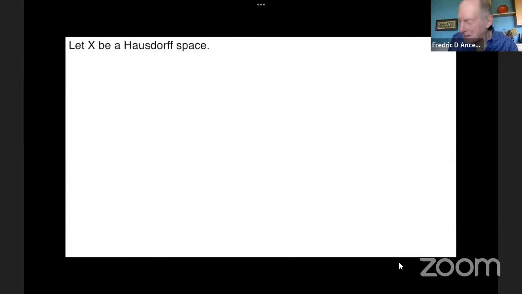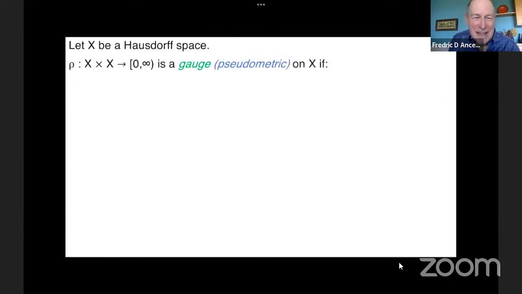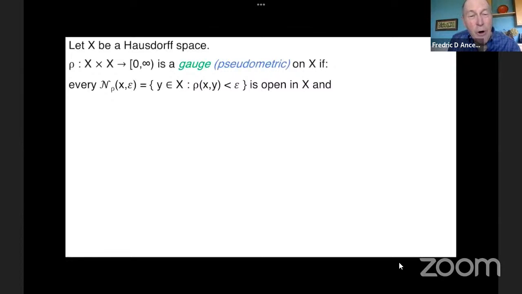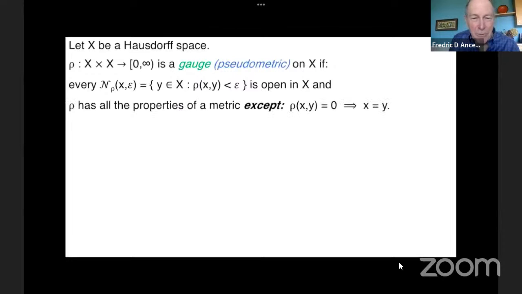I'm going to assume I'm working in a Hausdorff space, and by a gauge or pseudometric, I mean a function such that every open epsilon neighborhood is open in the space, and it has all the properties of a metric except this one. And I'm also going to use this notation with a closed bracket rather than a parenthesis for the closed epsilon neighborhood.